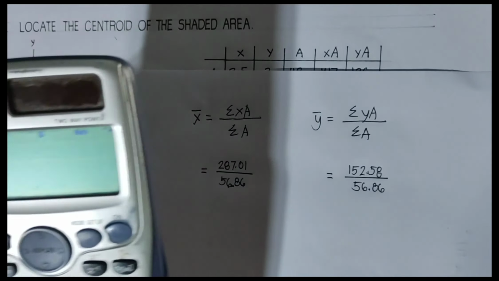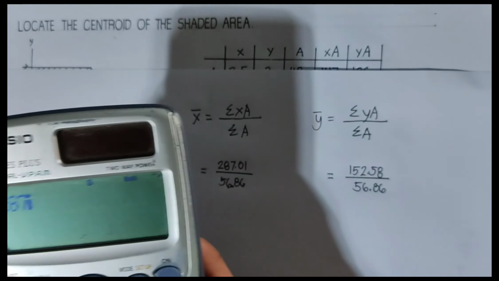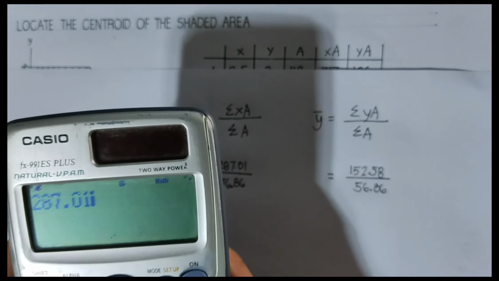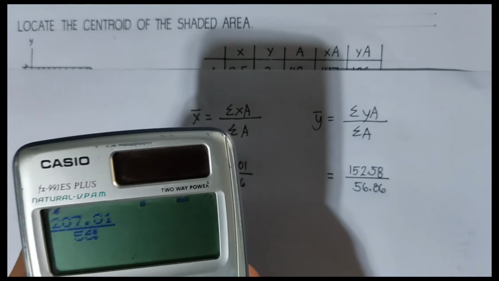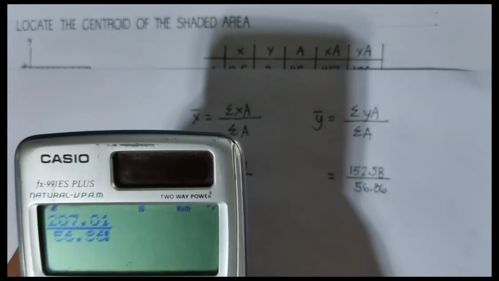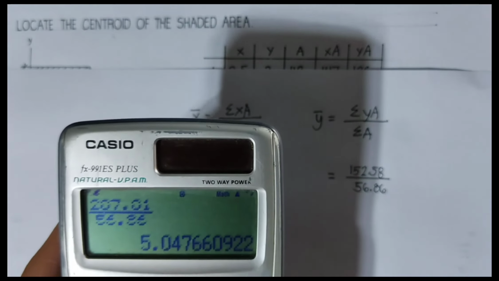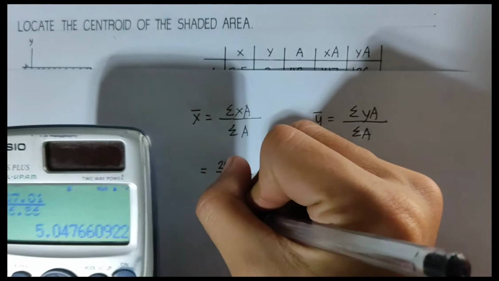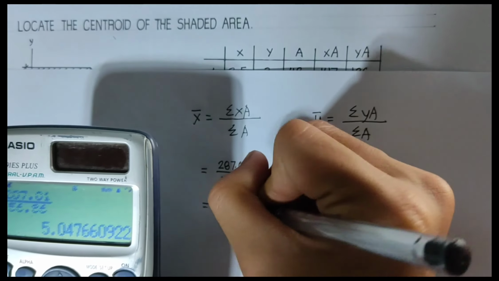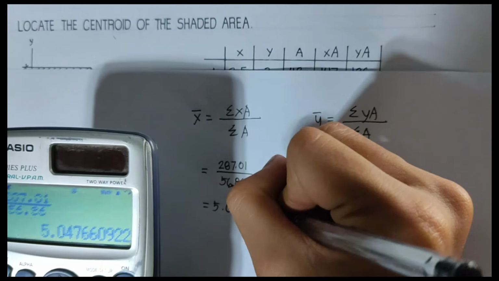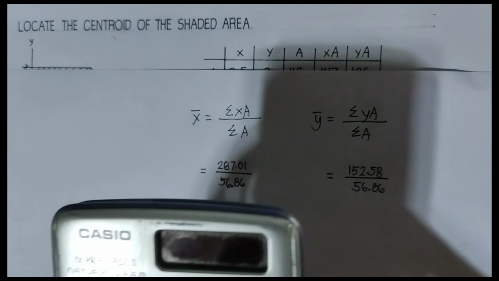For bar X, we have 287.01 divided by 56.86, which is equal to 5.04766 or 5.05 meters.